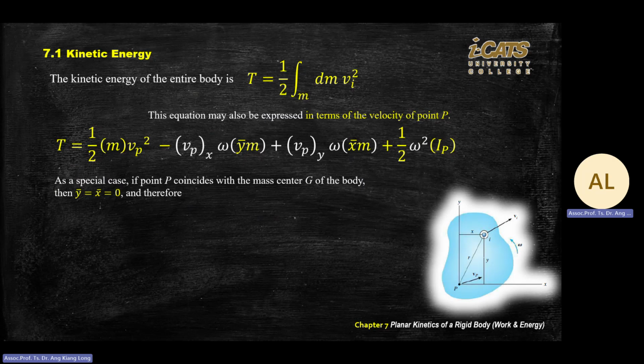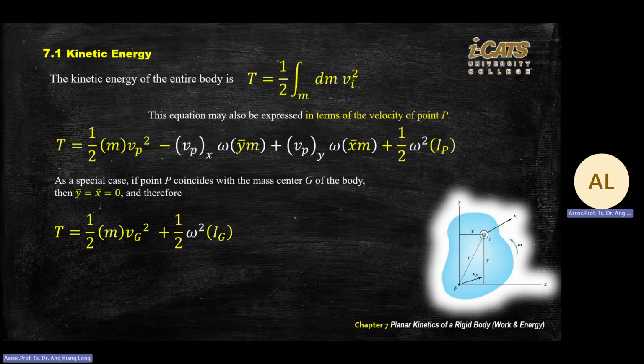So you arrive at the first term and the last term. If your P moves to this point G here, your x bar, y bar will be 0, and you arrive at this equation.